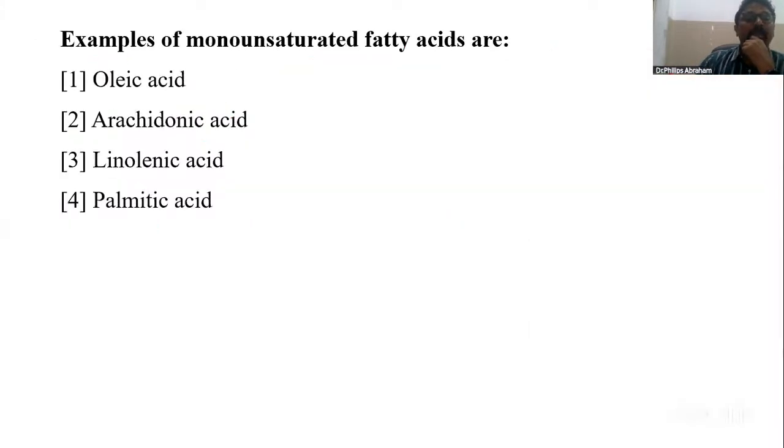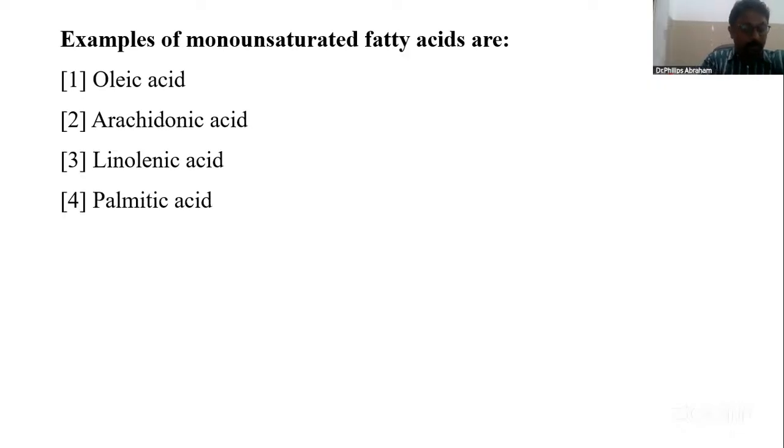Fine. Then again, the first question, fatty acid, the remaining part of that. In our body, we have saturated and unsaturated fatty acids. In unsaturated fatty acids, we have monounsaturated and polyunsaturated. Polyunsaturated means it contains two or more double bonds.